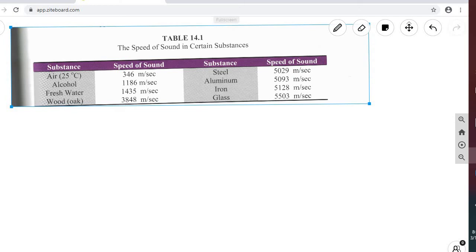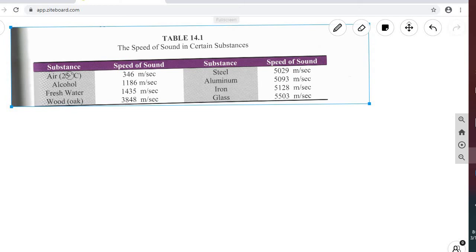So this table shows us the average speed of sound. Well, I guess it's giving us the speed of sound in different substances, and for air, we're assuming a temperature of 25 degrees Celsius. So what I want you to see here is that sound can travel through liquids, and it can also travel through solids.